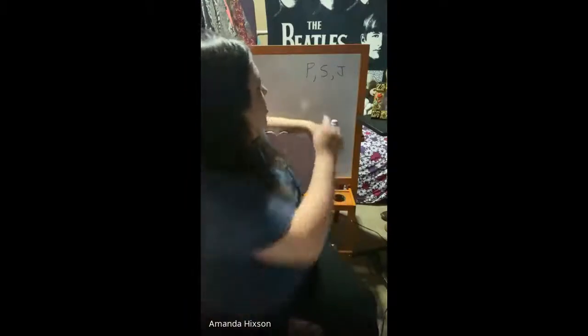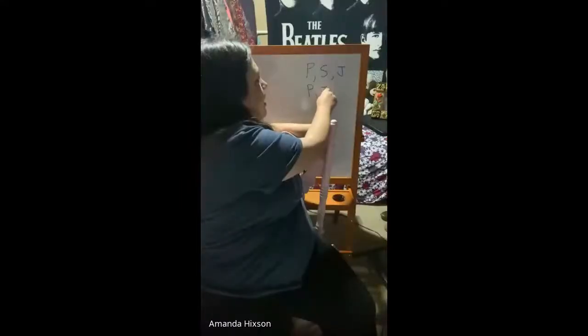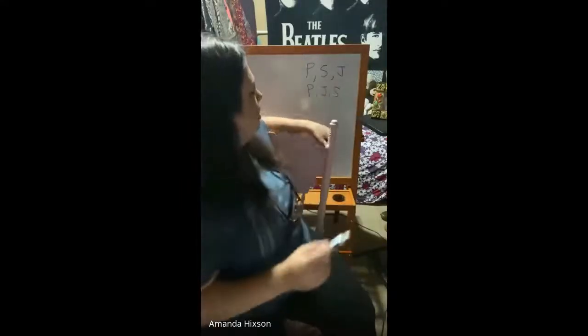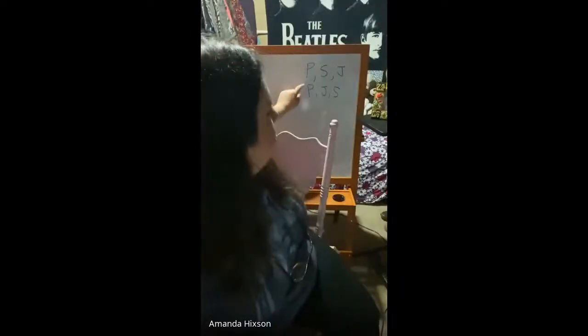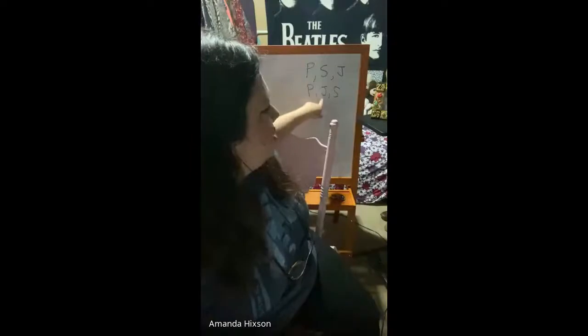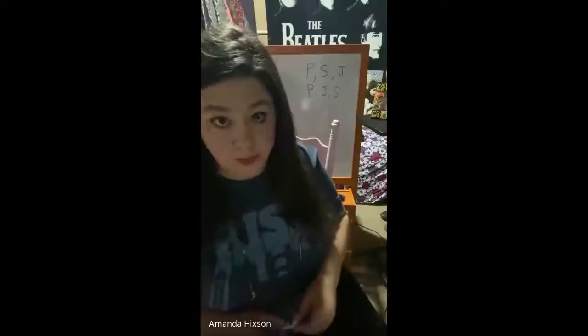But then the second time you do it, you're going to do push-ups first again, but you're going to do jumping jacks second and sit-ups last. So the first one is push-ups, sit-ups, and then jumping jacks. And the second one is push-ups, jumping jacks, and then sit-ups.